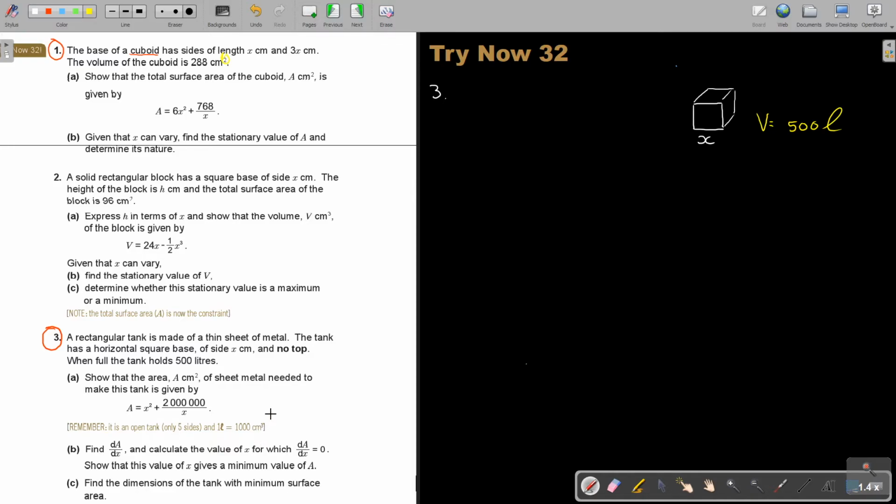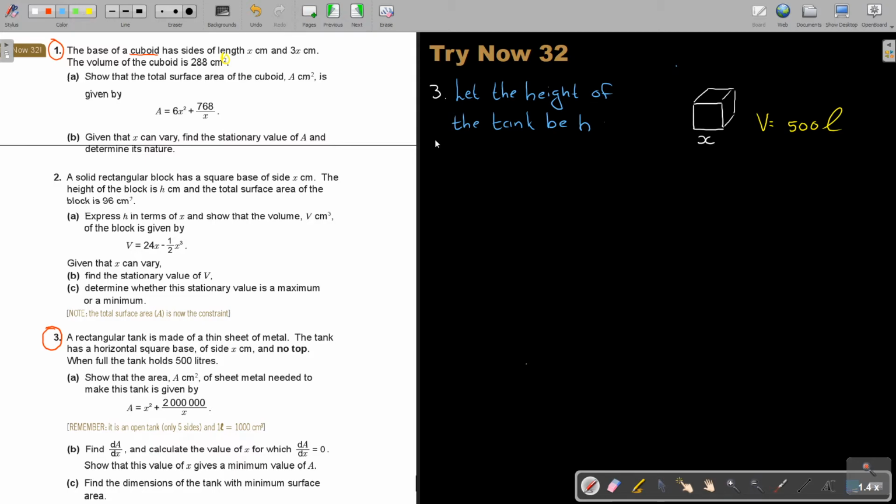Okay, let's start. Let the height of the tank be h.